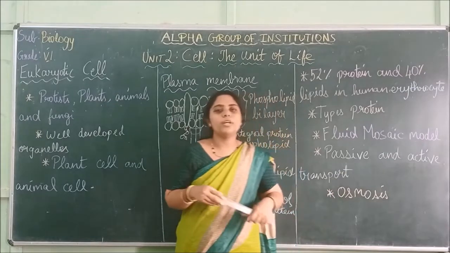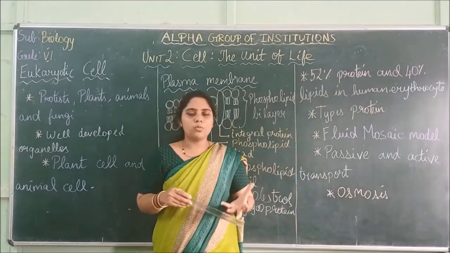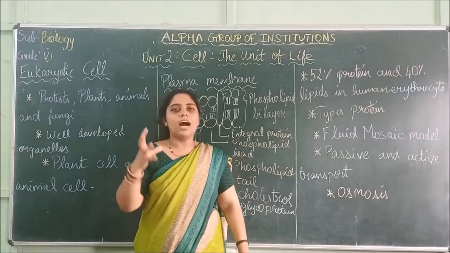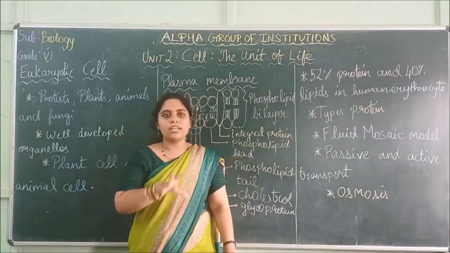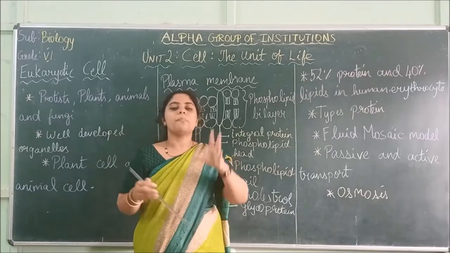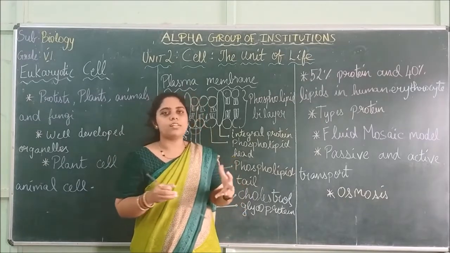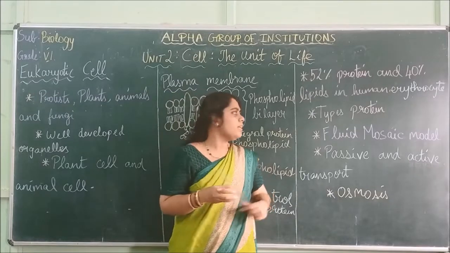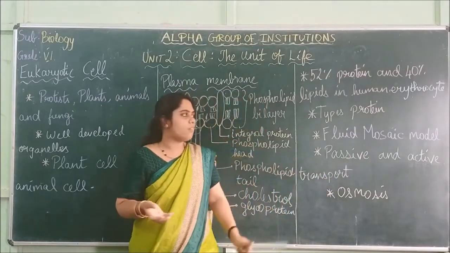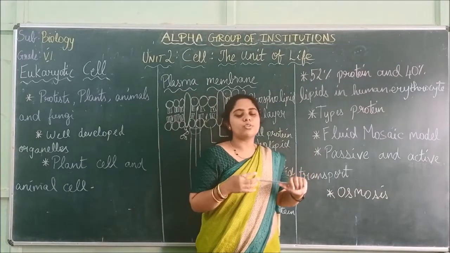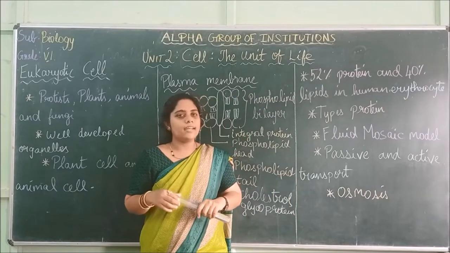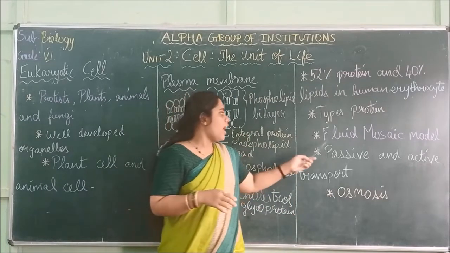This model was based on the structure of the plasma membrane, that is, how the structure is and what components are present. Based on the structure of the plasma membrane, the fluid mosaic model was proposed. In 1972, this model was discovered by Singer and Nicolson.